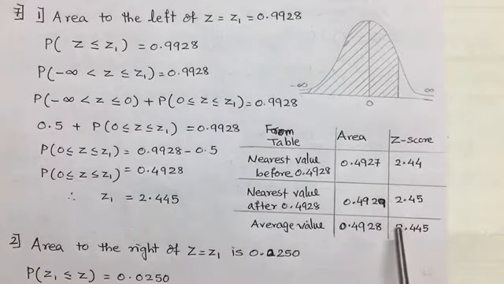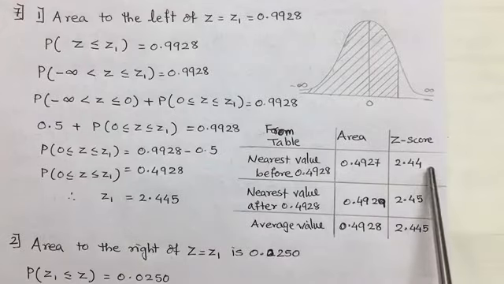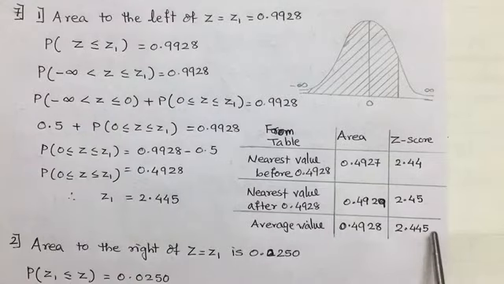Now we need to calculate the average of these two. So adding these two and dividing by 2, we get the area 0.4928. Same thing, adding this and dividing by 2, we get 2.445 as the z-score. Hence, the value of z1 becomes 2.445.